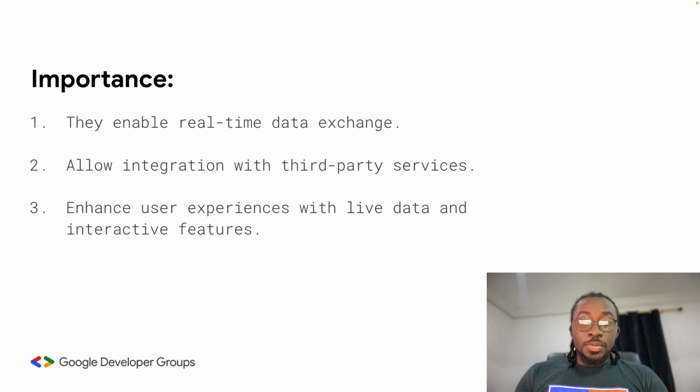It also enhances user experience with live data and interactive features, like the call feature of your app or even the maps feature. If your app has geolocation, you can easily get the live location of a person, draw a route and get a whole lot of information from that. And all that is basically making use of APIs and networking.